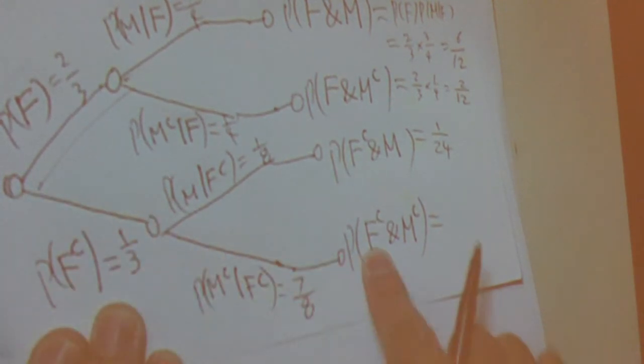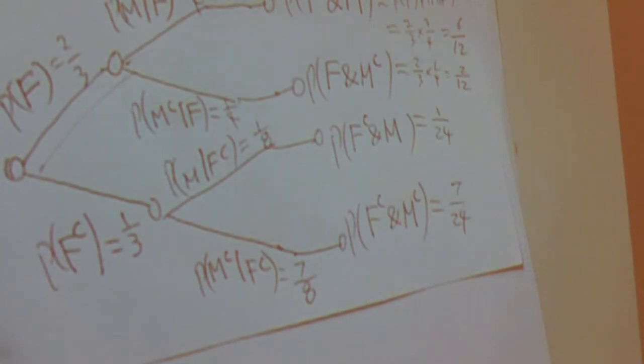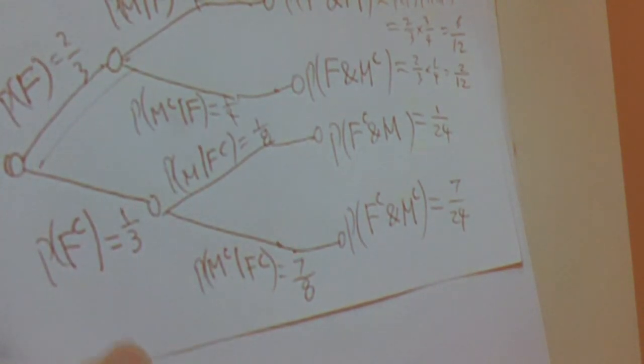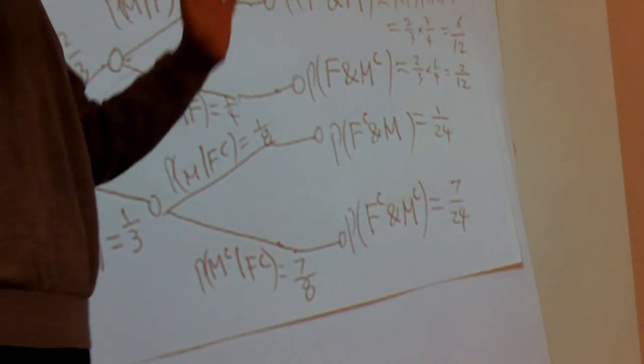How about this? This will be 7/24. You know what I'm doing now. Everybody's clear? Any questions? Okay, good. This is the complete probability tree. From this tree, you can get any kind of probability.